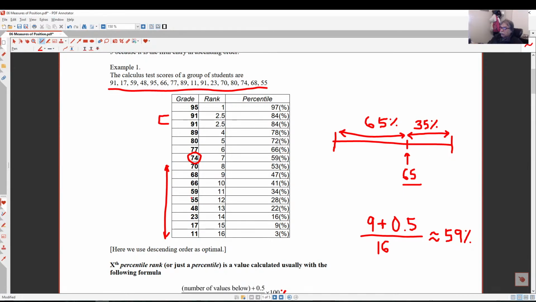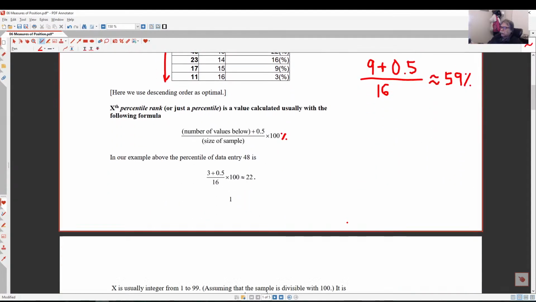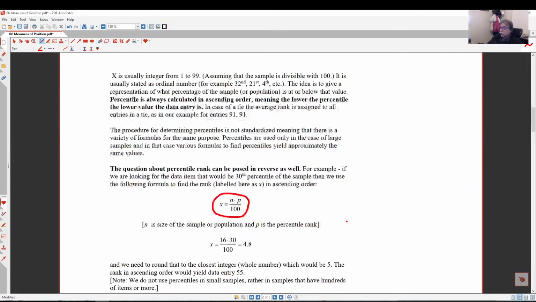So 55 is the 30th percentile of the sample. Again, it's actually the 28th percentile from our previous calculation. So this is an approximation. The problem, of course, is that our sample is very small. This would be no issue in the case of a large sample, which is the case when we are actually calculating percentile.